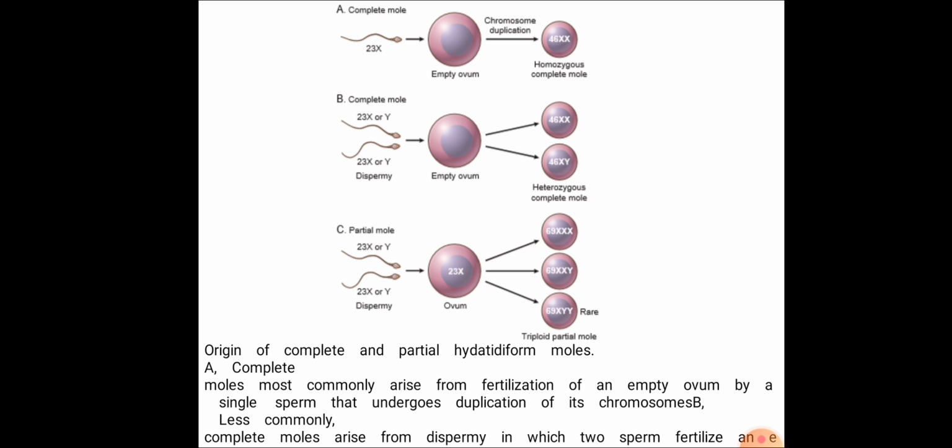Here also dispermy takes place, and the 23X or Y sperms will fertilize the ovum, which is again 23X. So on duplication it will form 69XXX, 69XXY or 69XYY. This form is rare, which is triploid partial mole.